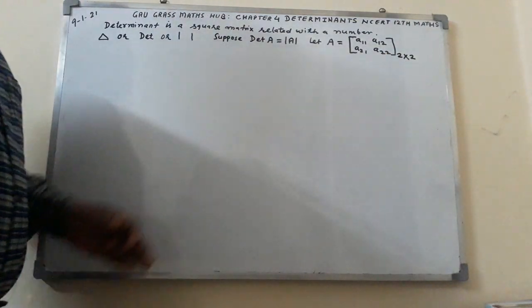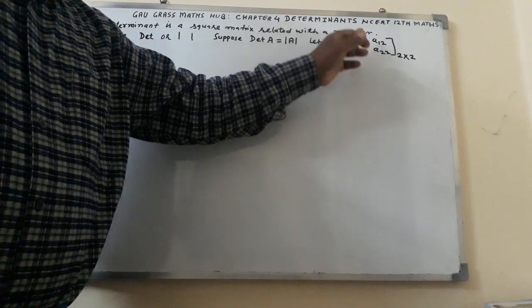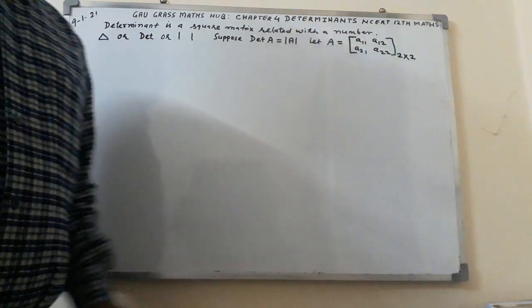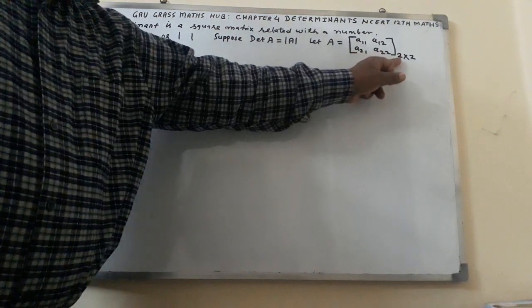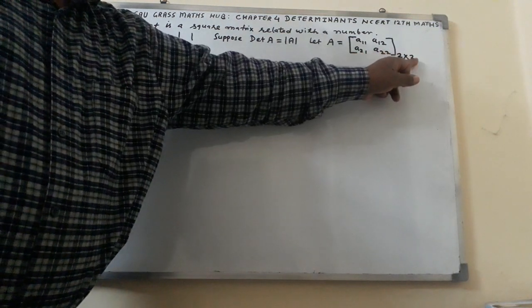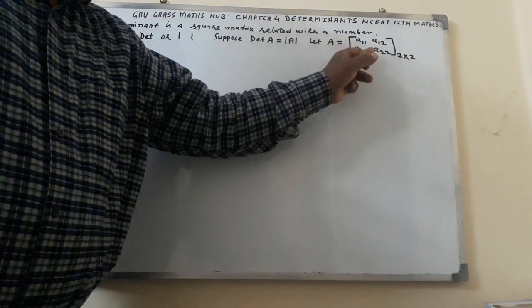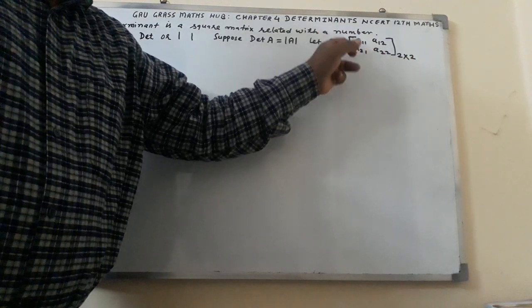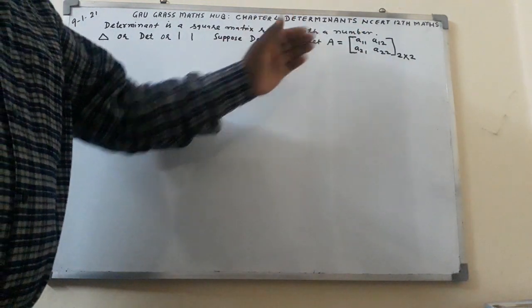This means that the number of rows is 2 and the number of columns is also 2. Here you can see these two represent the number of rows and these two represent the number of columns. So this is a 2 by 2 matrix.